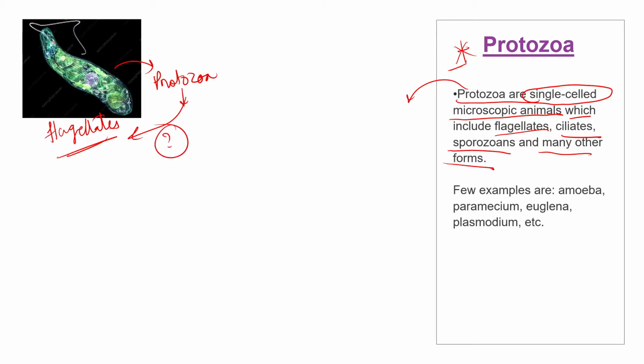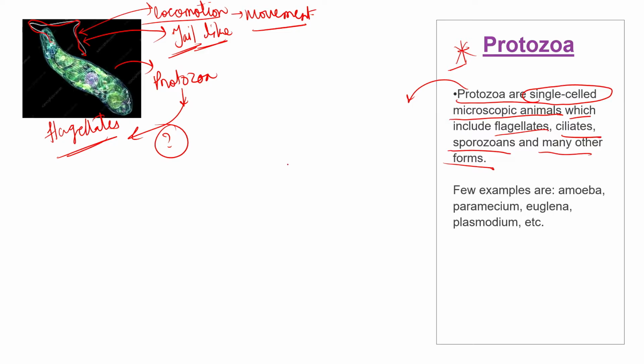Because there is a presence of flagella in the body. This flagella is nothing but tail-like appendages. It looks like a tail, but it is not actually a tail. The main role of this flagella is that it helps in locomotion, that means movement.